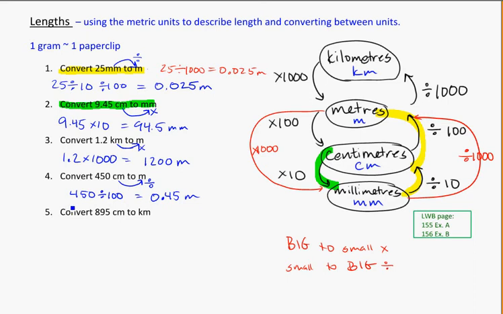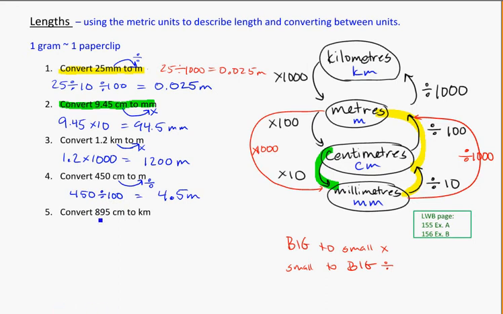And this makes sense to me because I know that there should be 100 centimeters in 1 meter. So if I've got over 400 centimeters, I should have over 4 meters. So 450 centimeters will give me 4.5 meters, dividing by 100.